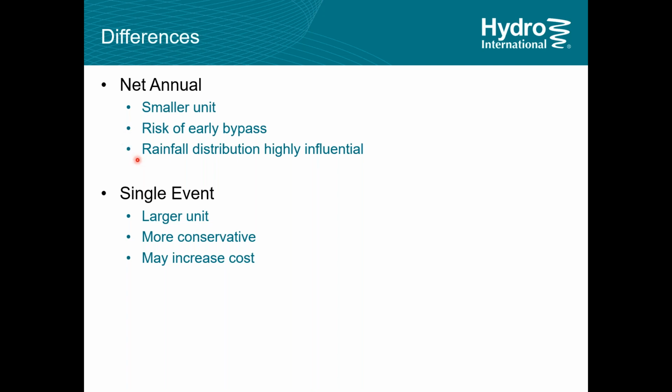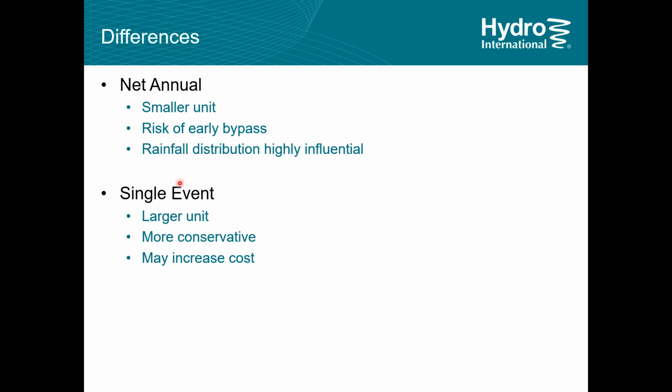So there is a risk of an early bypass in some of this, and the rainfall distribution is highly influential on the sizing. And at this point, we also notice that there's quite a bit of variation in rainfall distribution analysis. So between vendors, the rainfall distribution analysis for the same station could be significantly different.